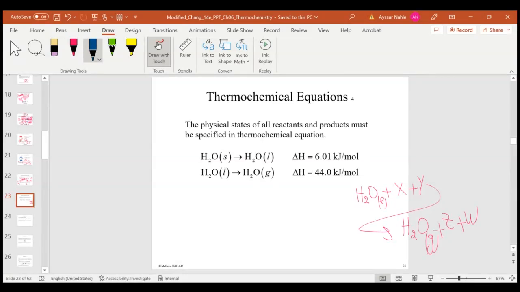Now, I am not allowed to cancel H2O from both sides of the equation. I can cancel a compound from both sides only if they have the same physical state. If they don't, I cannot cancel them.